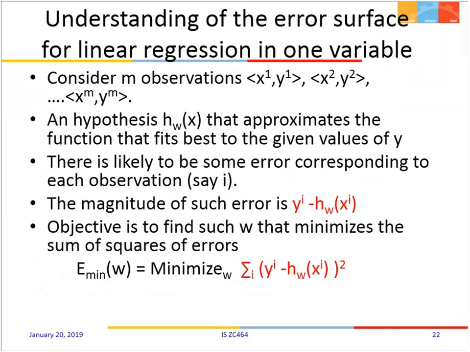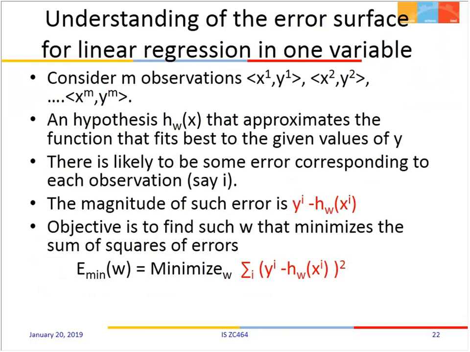So when we talk about the error surface for linear regression in one variable, you can understand that x1 is that observation's first value, y1 is the first value of the first observation. Similarly, x2, y2, xm, ym, etc. are the pairs of x and y values.